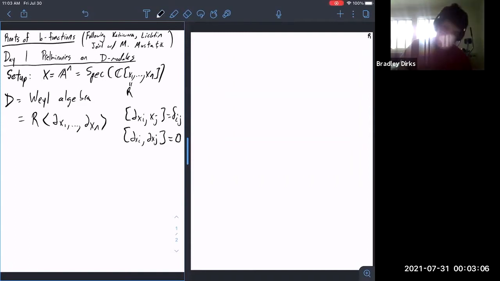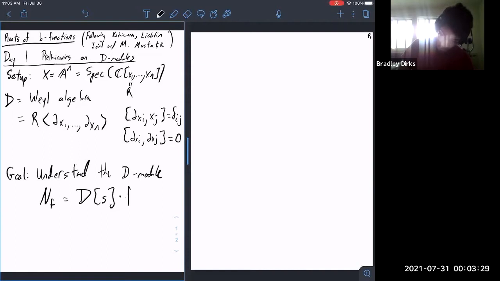Our goal is to understand a specific D module, which I'll call N_f. It is D[s] times f^s, where f is some polynomial in this ring R, or you could think of it as a regular function on X if you want to do it more generally. s is just an indeterminate.